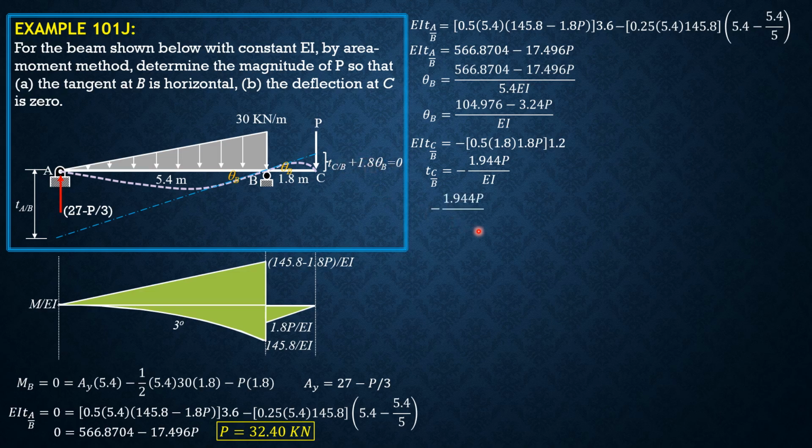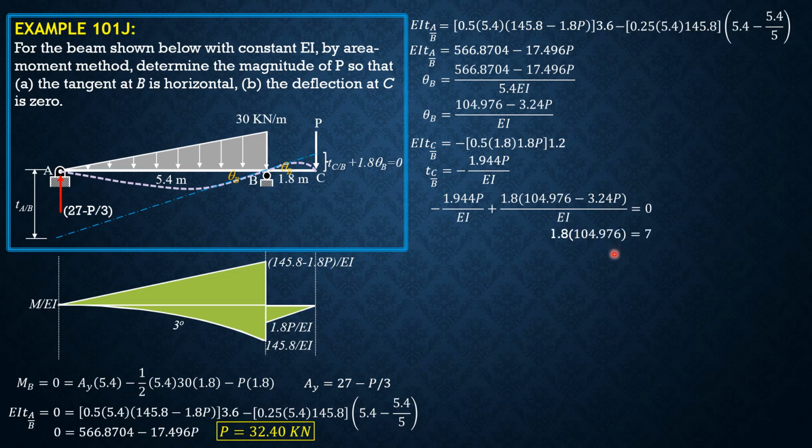So negative 1.944 P over EI plus 1.8 of theta B, quantity 104.976 minus 3.24 P over EI equals 0. So cancel out EI, or cross multiply. So combine the constants: 1.8 times 104.976, then negative 1.944, negative 1.8 times 3.24 to the right.